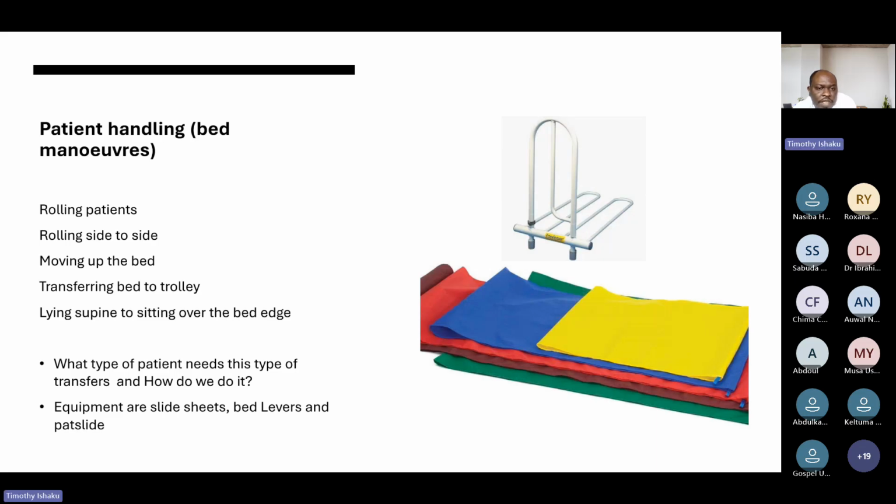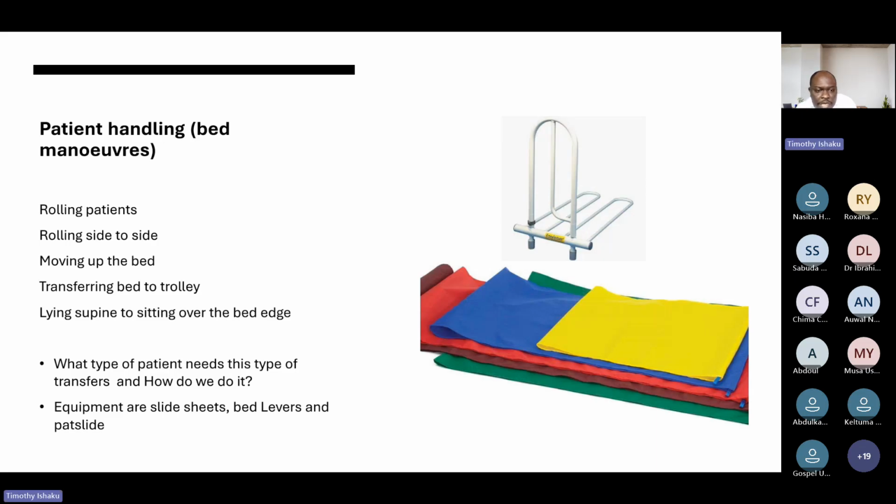The bed lever is an equipment which we can attach at the end of the patient's bed on both sides, left and right, where they can use it with their hands. So think of your patient rolling, reaching out with the opposite hand, and pulling themselves, if they have the upper limb strength, to roll with or without your support to one side or the opposite side.